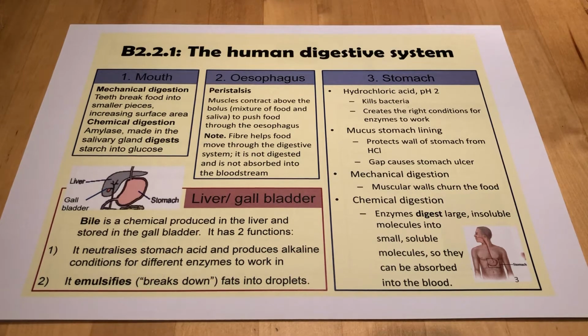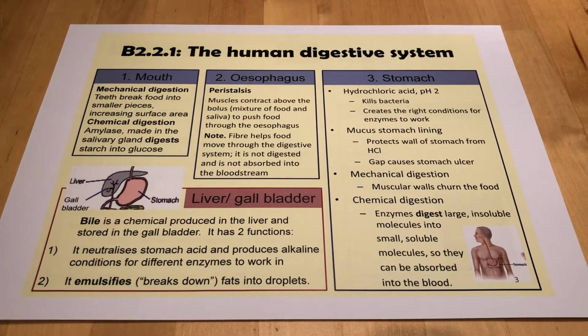And it also emulsifies fats. Now, this isn't digestion. This is just breaking up the fats to give them a larger surface area. If you imagine when you eat lots of fat, it's very sticky, it sticks together. Then imagine you have a large lump of butter and you cut it with a knife and then you roll it in sand. It would be hard for that butter to stick back together again.